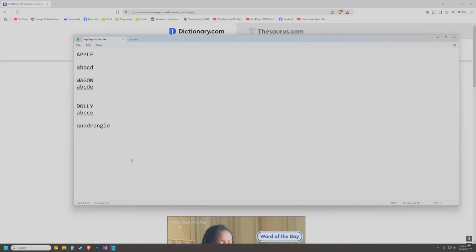Quadrangle. But here's how it works again. Q. Did we use Q yet? No, so that gets the A. U. Did we use U yet? No, so that gets a B. What about A? Did we use that yet? No, so that gets a C. D. Did we get that one yet? No, so that gets the D, same letter. R, no, we didn't use that yet. That gets an E. Now, here we are at A. We used an A already.